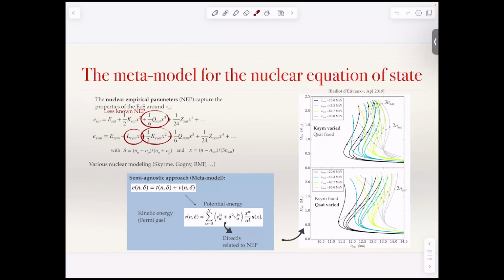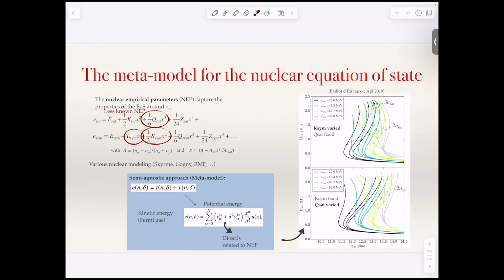But if you want to probe the upper limit of masses, then you need an equation of state that goes above the central density of neutron stars by a factor of at least 3.